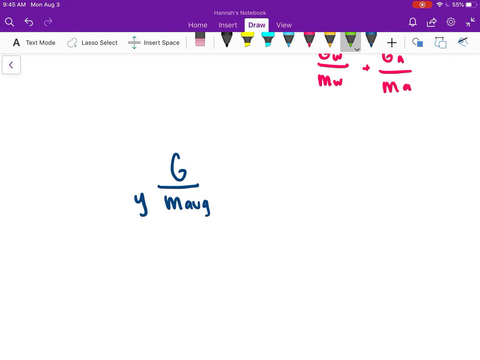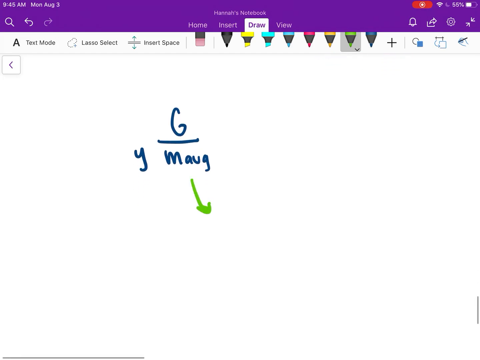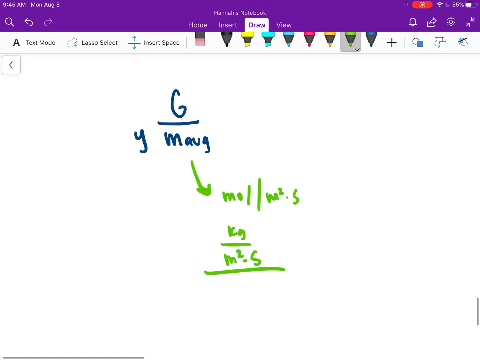It works out, you can see, I can prove it with units, because this is going to be moles per meters squared seconds, because the top is kilograms per meters squared seconds over kilograms per mole, and that works out to be that.